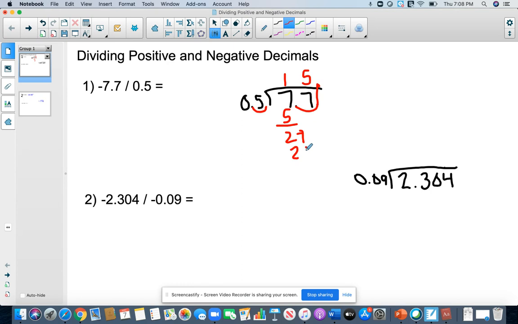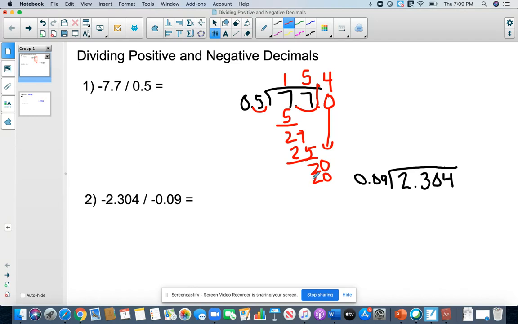We take 27 minus 25, which is a 2. And since we have a remainder, we're going to keep it as a decimal number. Since we started in decimal form, we need to add a 0. Since I have a decimal point in there, it's still 77. Bring it down, and we know that 5 goes into 20 4 times, which should be on the right side of the decimal. We subtract, we get 0.